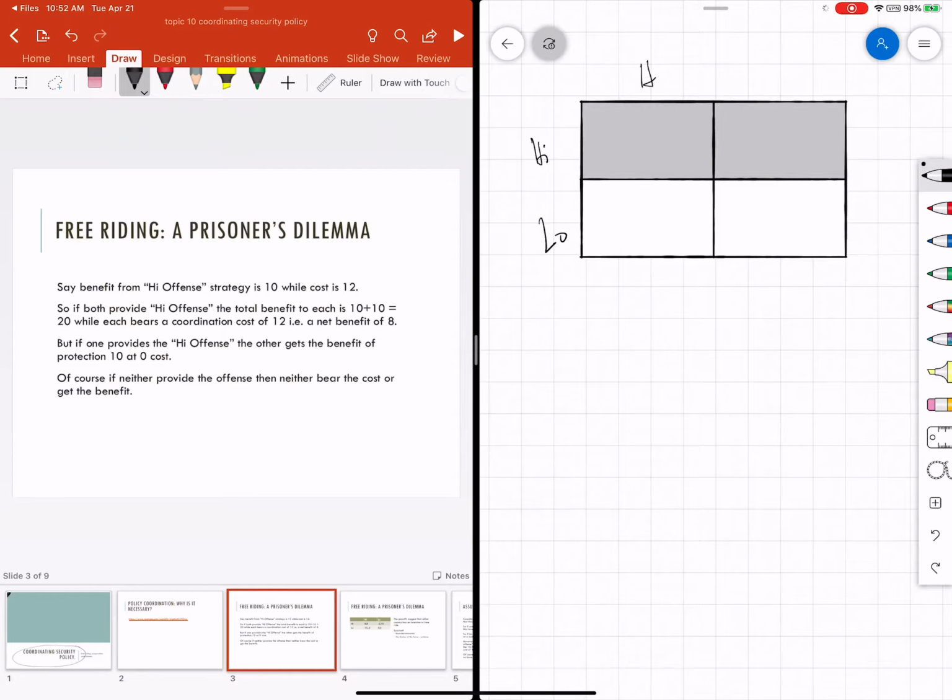And so there are two countries, high and low. That's country one, and that's country two, right?